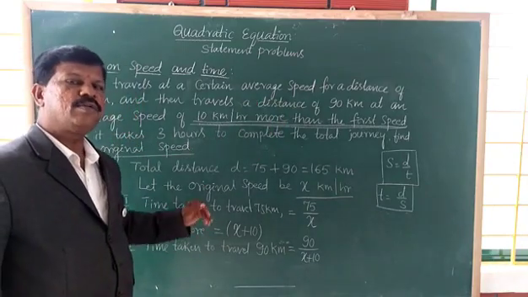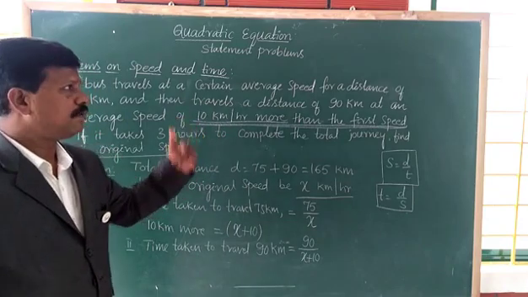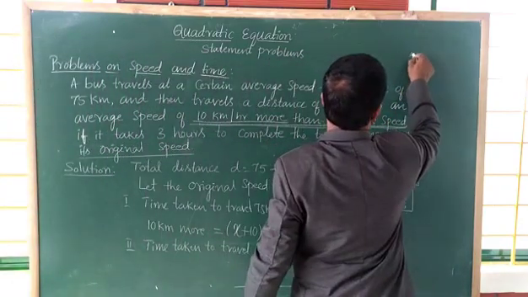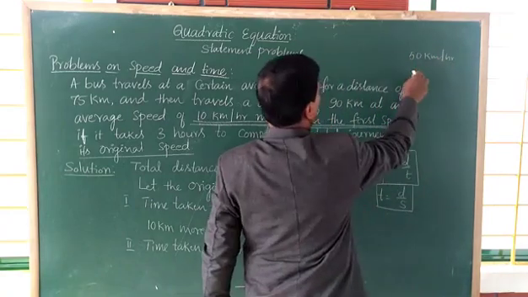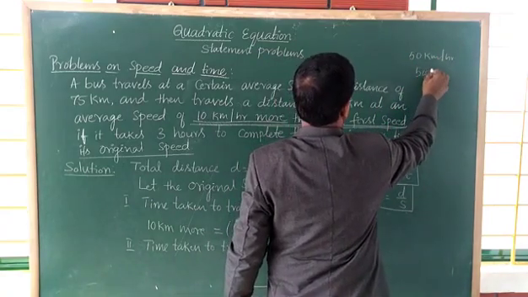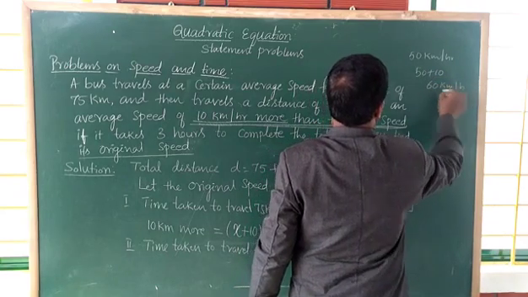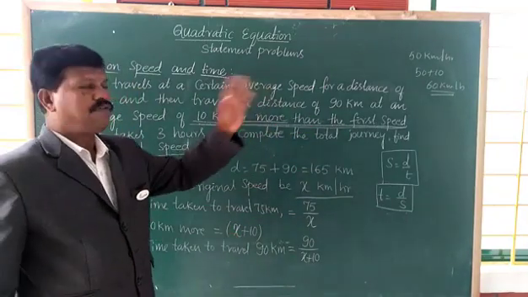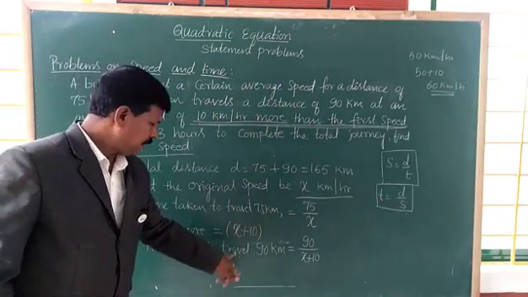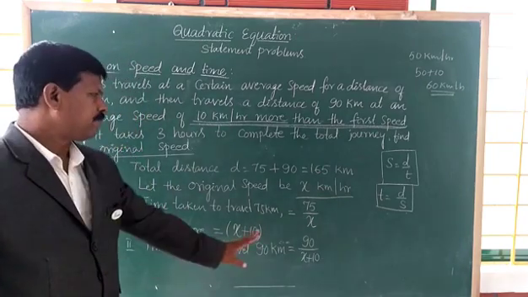For example, if the first speed is 50 kilometer per hour, then 10 more means 50 plus 10, 60 kilometer per hour. That 50 we don't know, that's why we are taking it as x. Now this is the time taken.